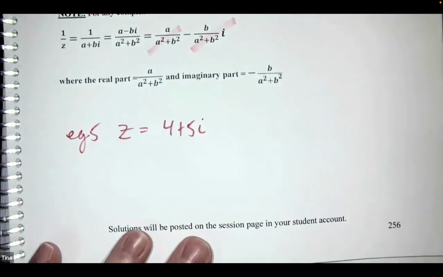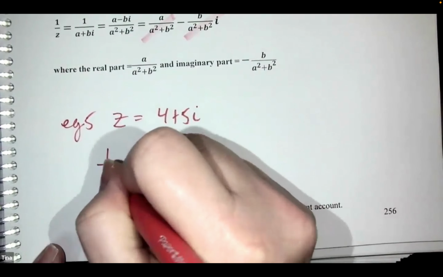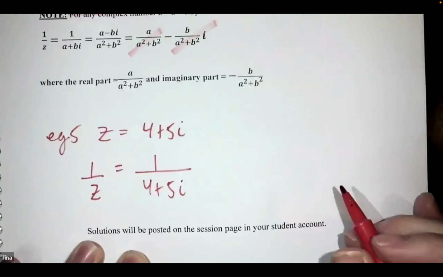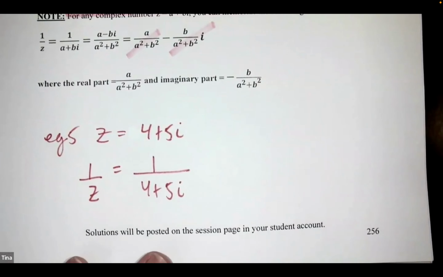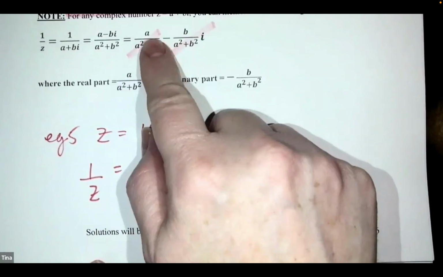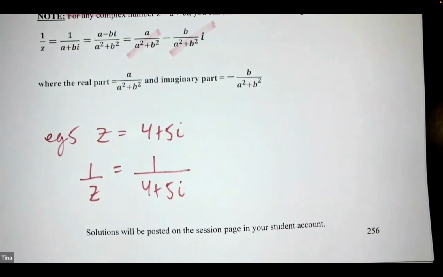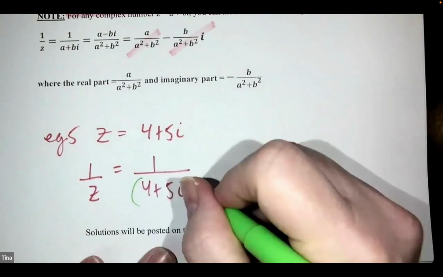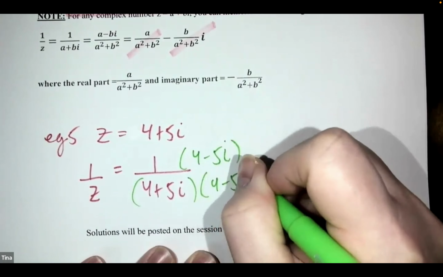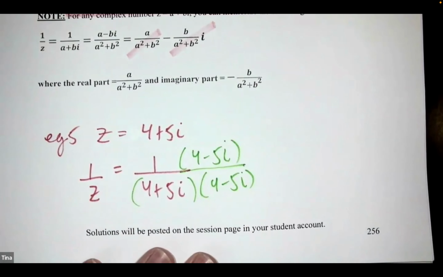If they asked you to do 1 over z, you could do 1 over 4 plus 5i. But if you don't want to work it out, you can just memorize that the real part would be this and the imaginary part would be that. But you could also just do it the way we did on the last one, right? Multiply by 4 minus 5i, because that would be the conjugate of the bottom.